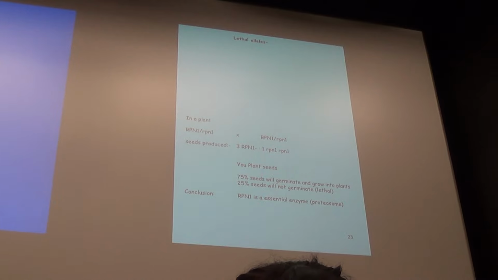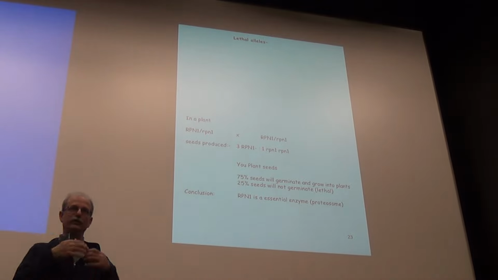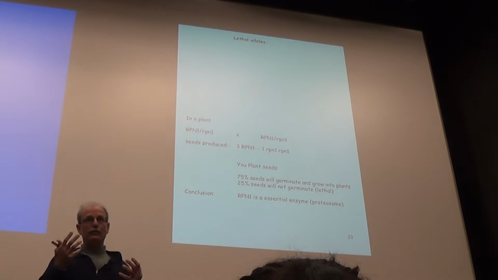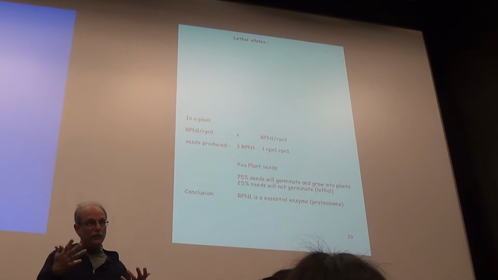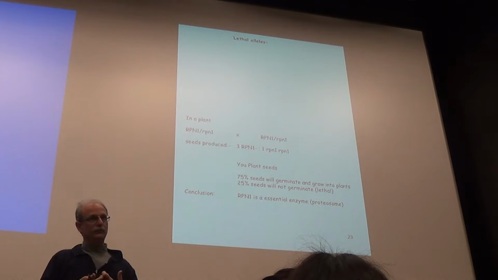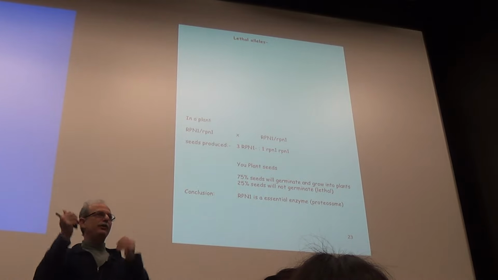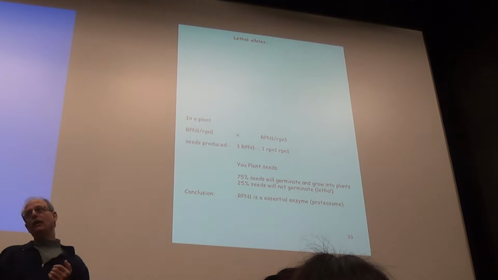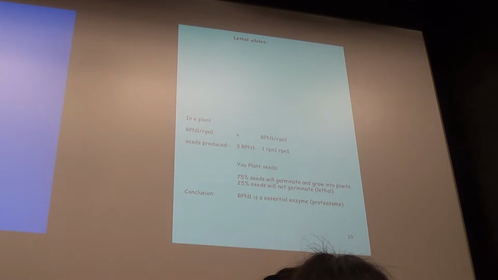So until now, we've been looking at phenotypes that are not lethal: eye color, hair color, height of plants, the presence of wrinkles or no wrinkles on the seed, etc. Those are not mutations that kill something. But what if you had a mutation in a gene that would kill that individual? What happens then?